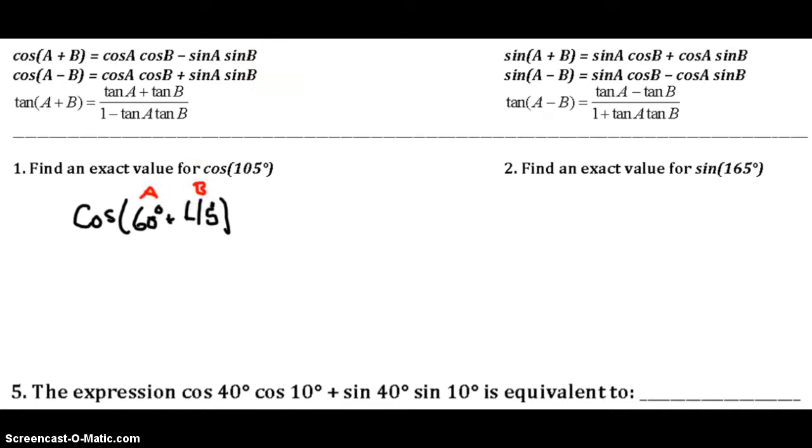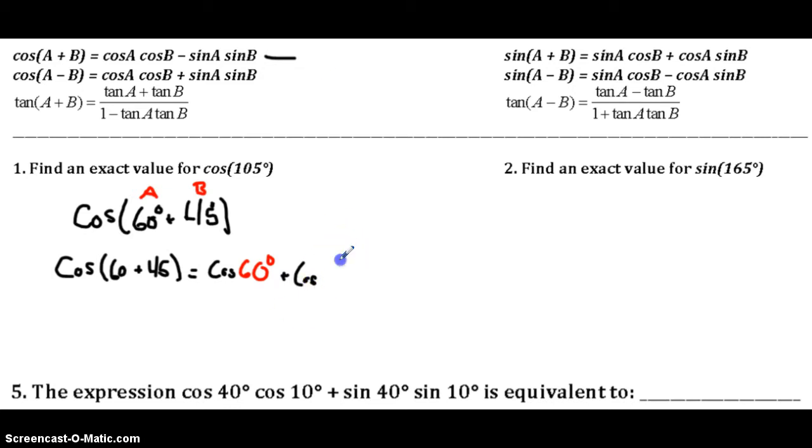Now going back, we just have to plug in. This is addition, so we're going to use our addition formula, which is right here. This is going to be the same as the cosine of A plus B, or 60 plus 45, which is equal to cosine of 60, which is our A, times the cosine of 45.